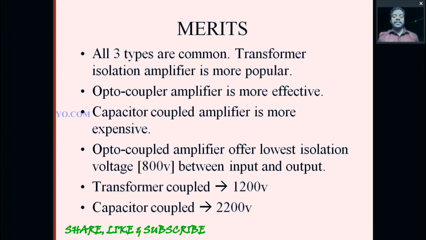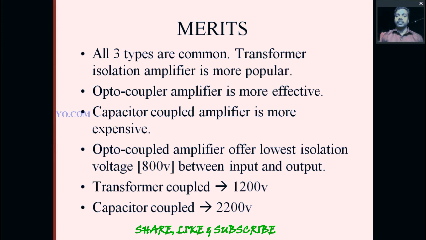In the transformer coupled amplifier, the voltage difference is higher, that is 12,000 volts between the input side and output side. So if the input side is 1 volt, the output side can use 12,000 volts. That is very important. And the capacitor coupled amplifier uses a very high voltage, 2200 volts between input and output.